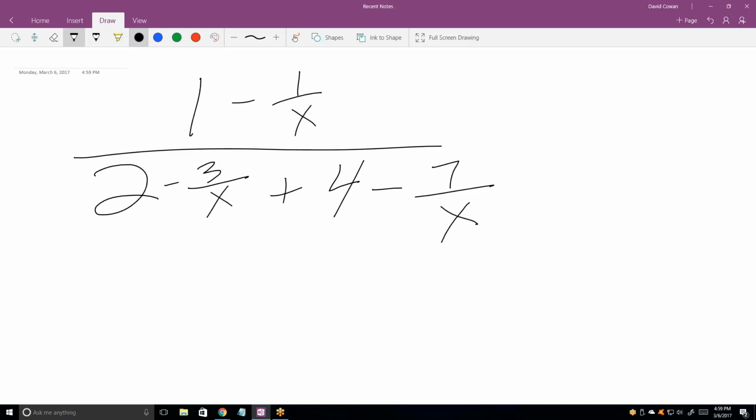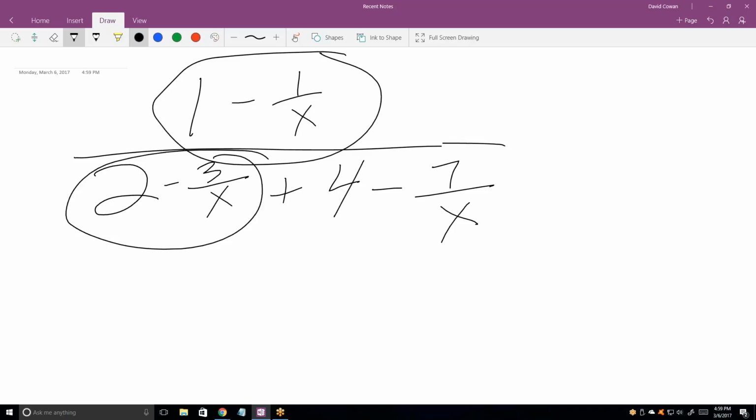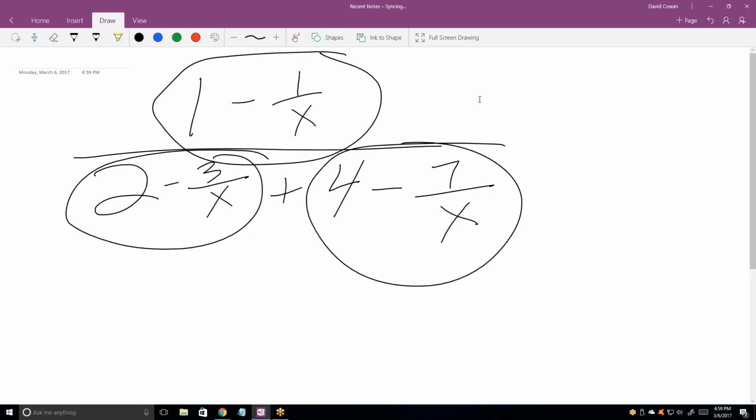The secret to all of them is find a common denominator, turn that into a single rational quotient. Same thing with that, same thing with that. That's all that 22 through 31 are really all about, is finding common denominators, factoring, canceling where you can, stuff like that.